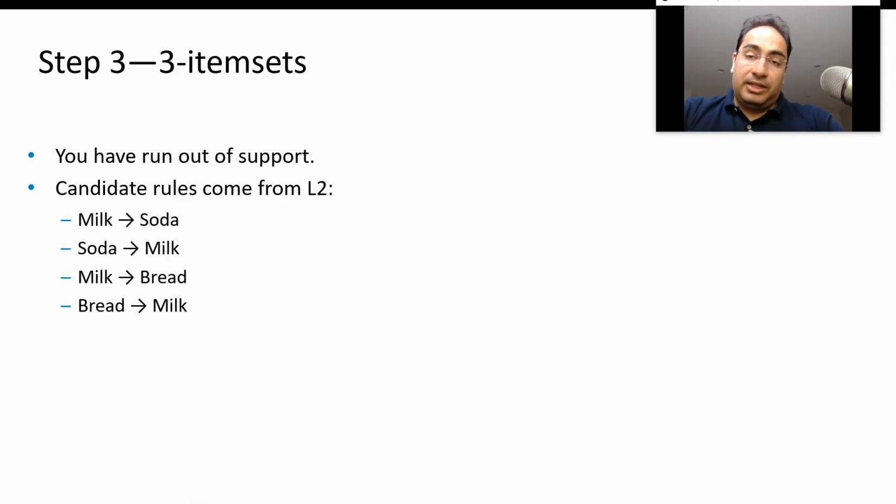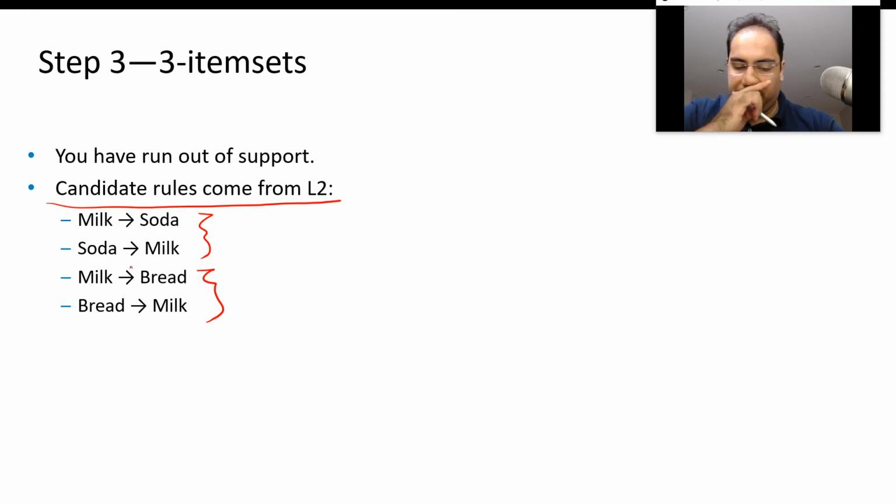So we run out of support, and then these are the rules that we could create. The rules are like milk then soda, soda then milk, milk and bread, and bread then milk. Because these were the frequent item sets, the possible rules are one of these. These two came out of the relationship between milk and soda, and this came from bread and milk.